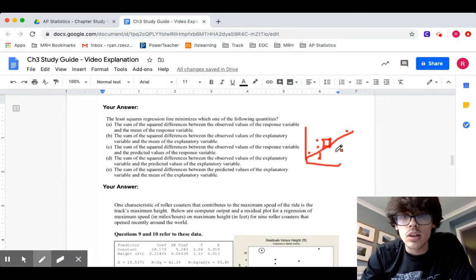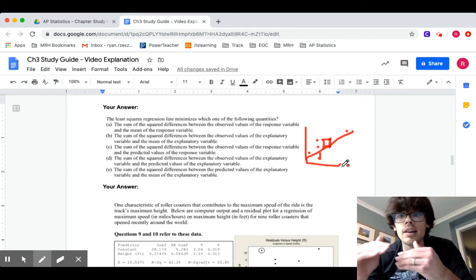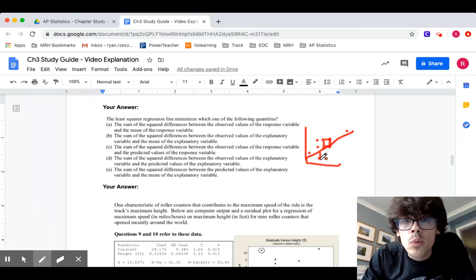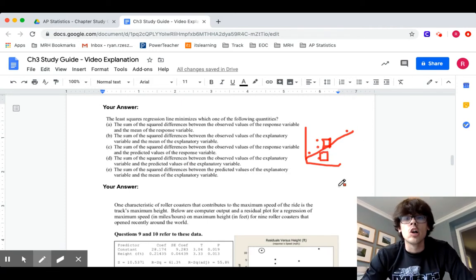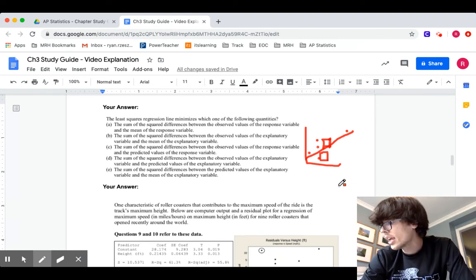Because if you just took all the residuals and added them, the negatives and positives would wipe each other away. What we do is we square them and we illustrate that graphically. It's that picture you've seen before with all these little squares on it. That is called the sum of the squared residuals is what we're looking at for that.